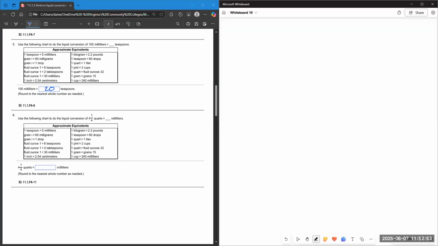All right. We have 4 1/4 quarts. I want to change that to an improper fraction as 17/4 quarts. And 17/4 of a quart is, let's see, a quart is 32 fluid ounces.